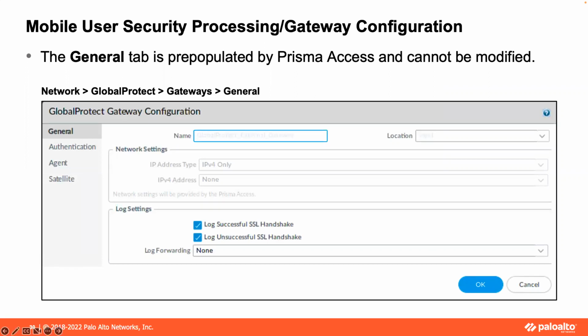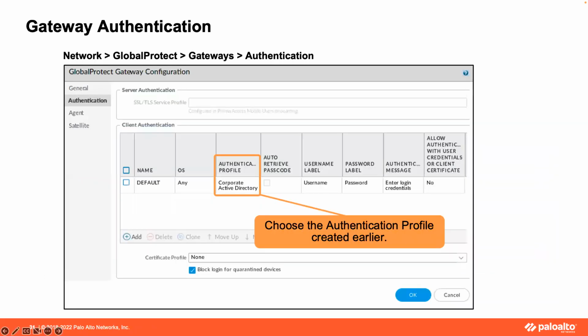These security processing nodes, or gateways as they're referred to within Panorama, are the way that your user gets their security inspection. They're the equivalent of a firewall, but they're in the cloud. They can have their own authentication method that's the same or different than at a portal.